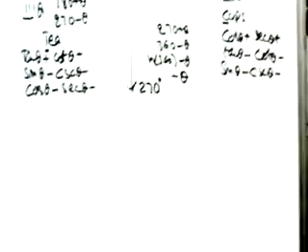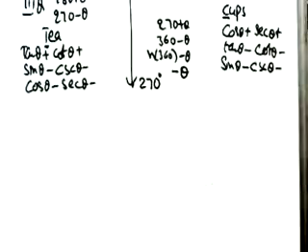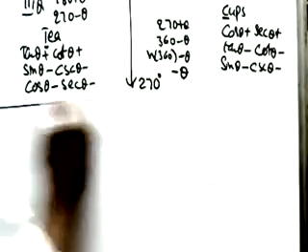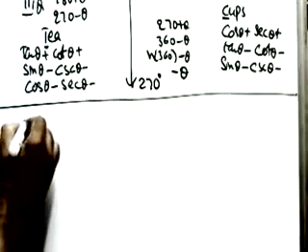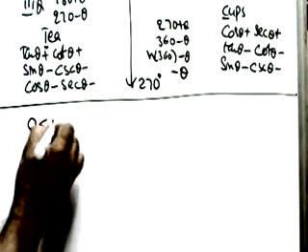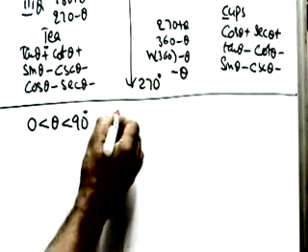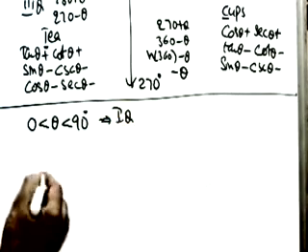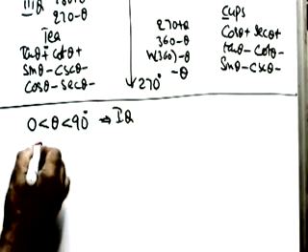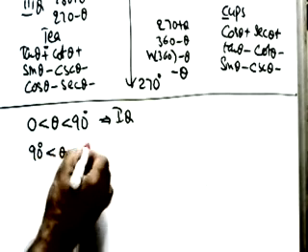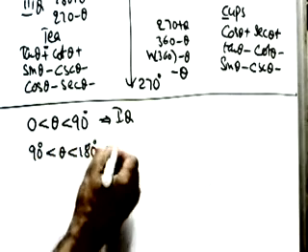So same thing, let me write like this. Watch carefully. We can show the quadrants in another sense also. Suppose we write 0 degrees less than theta less than 90 degrees. This implies that theta lies in the first quadrant. Now second quadrant means 90 degrees less than theta less than 180.